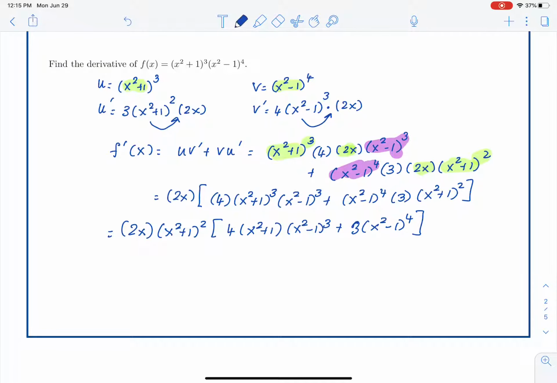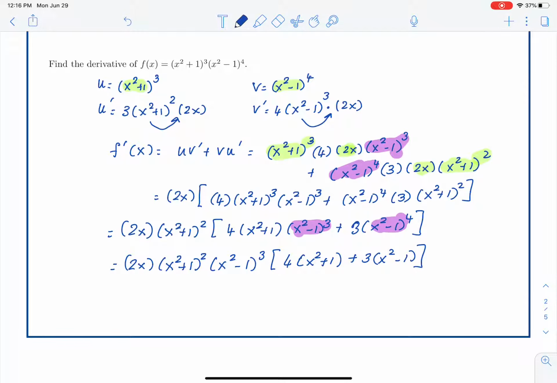Finally, if I pull x squared minus 1 cubed out from those two terms, I'll have 2x times x squared plus 1 squared times x squared minus 1 cubed multiplied by 4 times x squared plus 1 plus 3 times x squared minus 1. I can simplify the term inside.